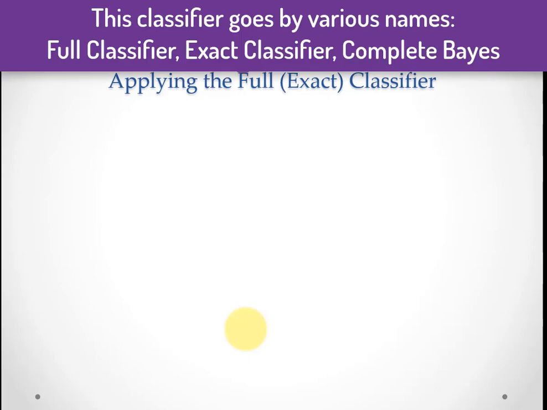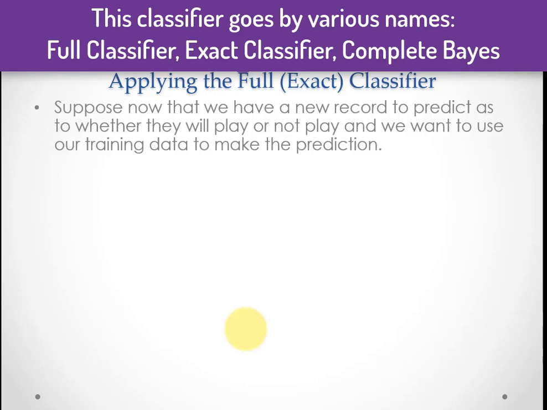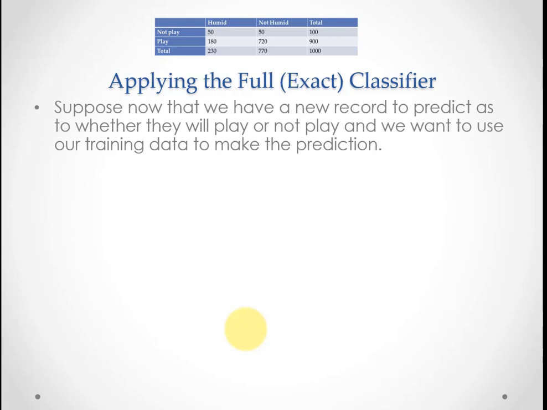So we're going to apply what's called the full classifier, or the exact classifier, or the complete Bayes classifier. Suppose now we have a new record to predict as to whether the group or the person will play or not play. And we want to use our training data to make the prediction. And we are going to use the information in the humidity variable.